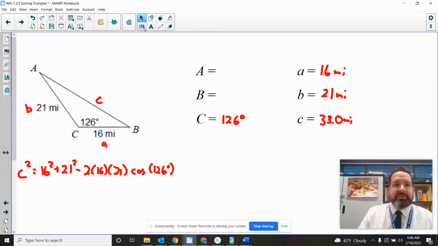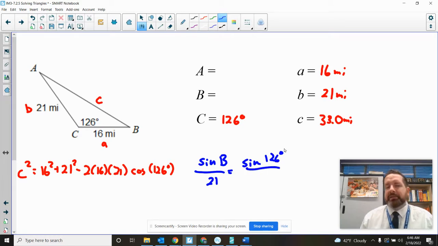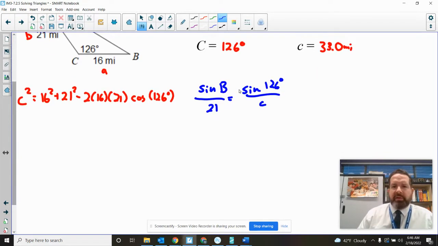So in setting up our law of sines, to find, I don't know, which angle do you want to find? Let's find angle B. The sine of angle B over side B is equal to the sine of angle C over the side length. Now I'm going to call it little c here. Let's then solve for the b.